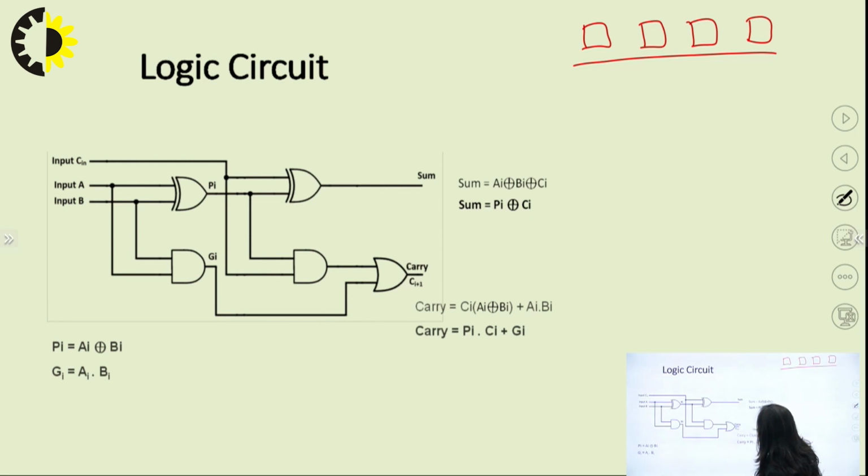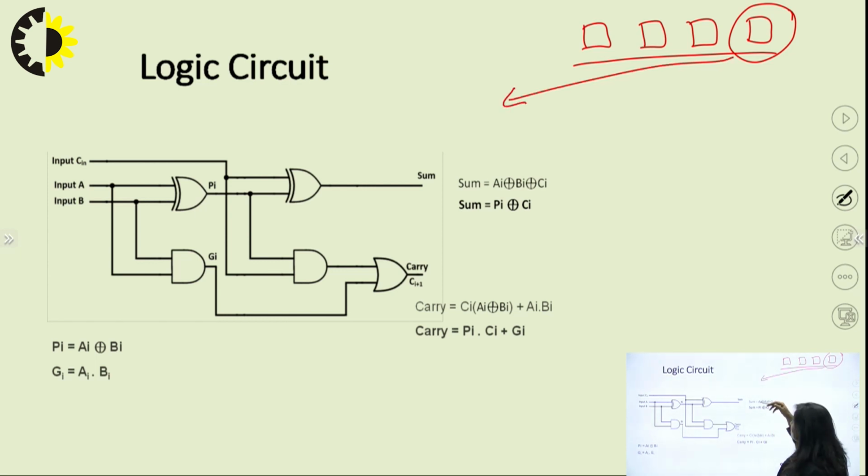So this is but the single part of the CLA. Okay, so let's start. We are going to study only this single part over here, and if we merge four of the same circuit, we can have the complete logic circuit for CLA.